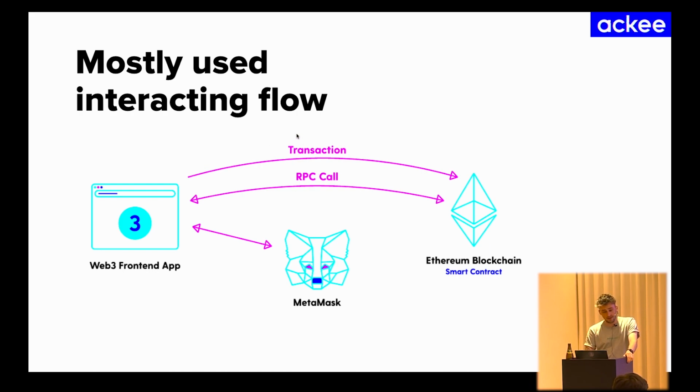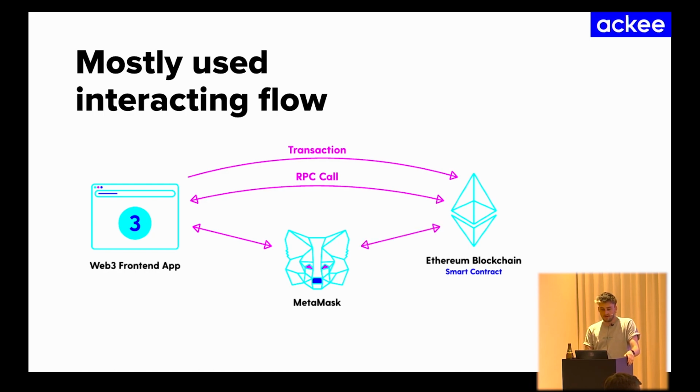Or we have transactions, which are very similar to a POST method, because we want to make a side effect on the smart contract. We want to send a transaction, modify some data, or buy some NFTs or assets.